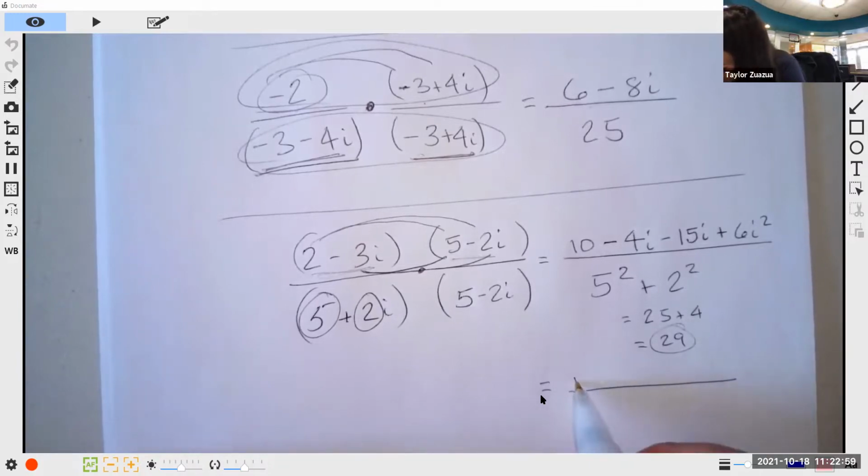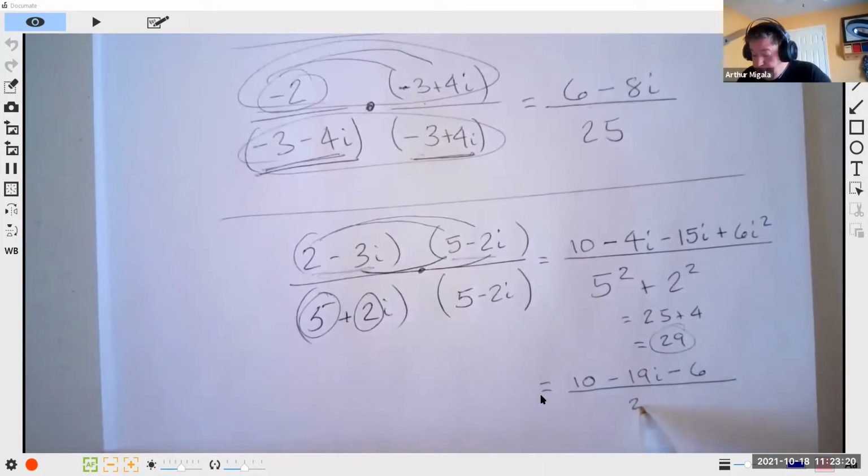So it's 29 on the bottom, and then the top is, we have 4 minus 19i, so it's 10 minus 19i, and then you plus 6i squared. But what happens to i squared?